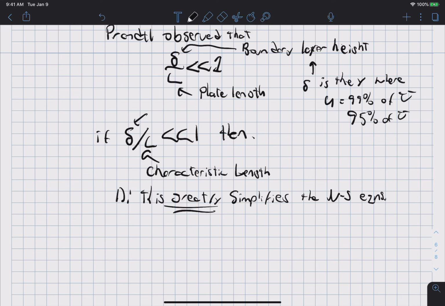And so this boundary layer theory greatly simplified the Navier-Stokes equations. And as a consequence of this, viscous effects are only important if y, the vertical height above the plate, is less than the height of the boundary layer.